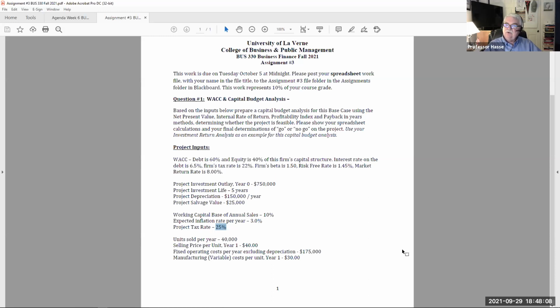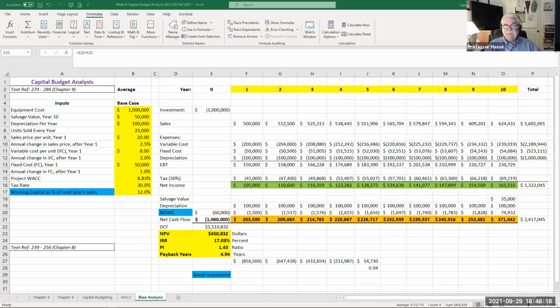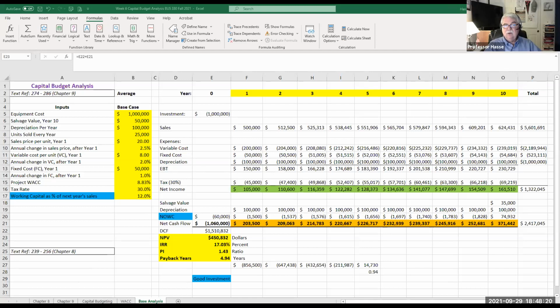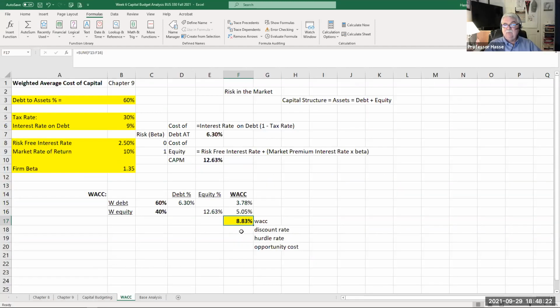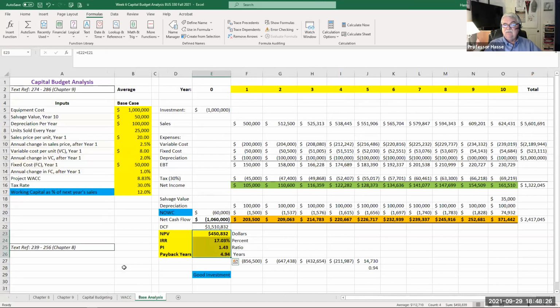So this is what you're going to do for next Tuesday: you're going to submit these two tabs. The weighted average cost of capital tab, what is their cost of capital? And what is the analysis for this project of 7 years, not 10, 7.